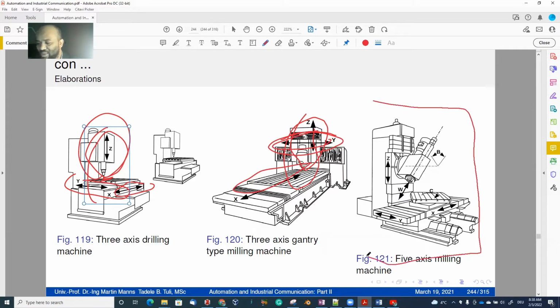Actually, there are other complex machine tools like this with lots of degrees of freedom. It has at least 5 axes. In 5 axes, as I said, we apply the same thing.